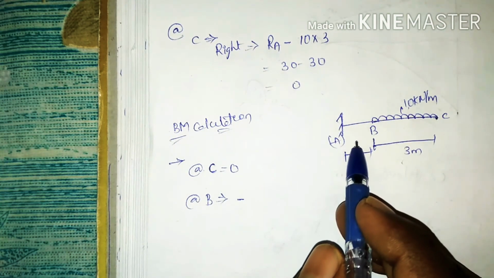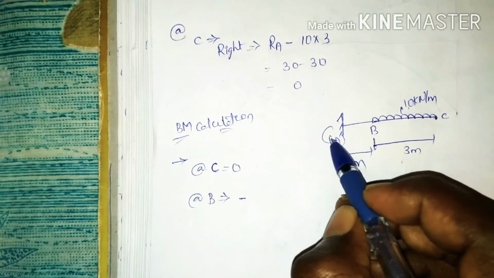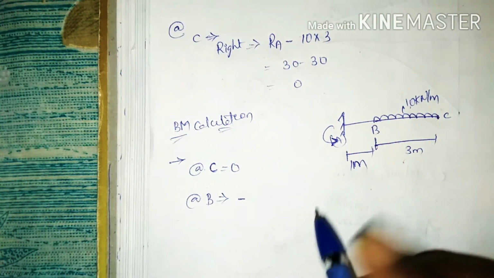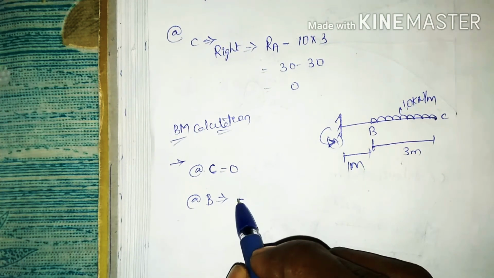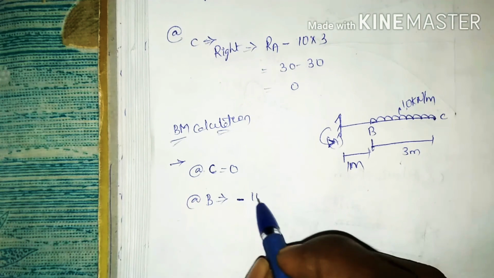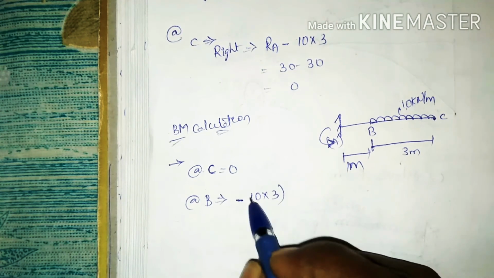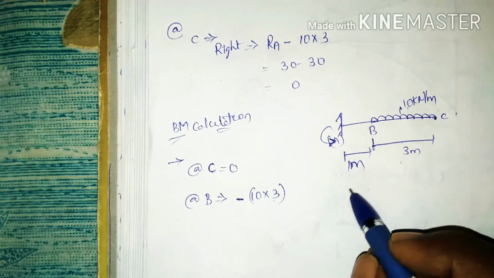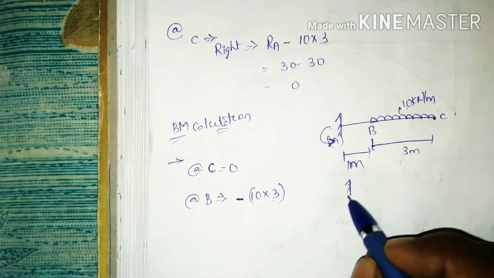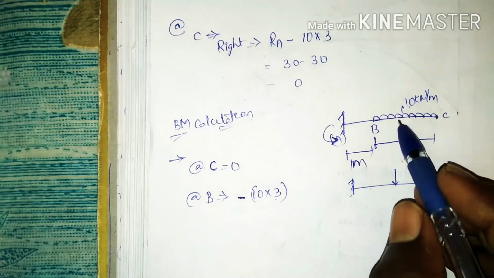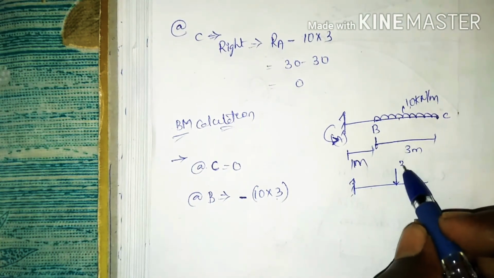It is a cantilever beam and the moment is in the anticlockwise direction, so the bending moment is a hogging moment, or negative bending moment. Here minus 10 into 3, which converts the UDL into a point load, that is the value 30.